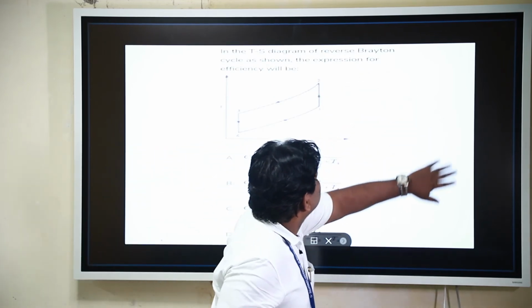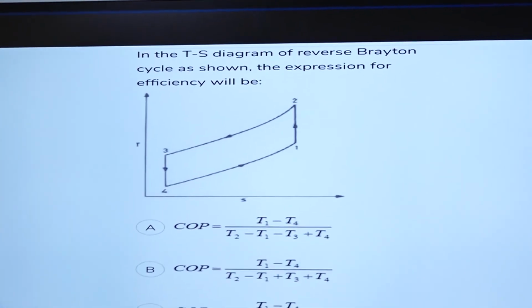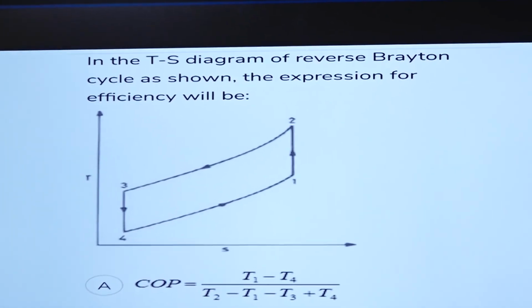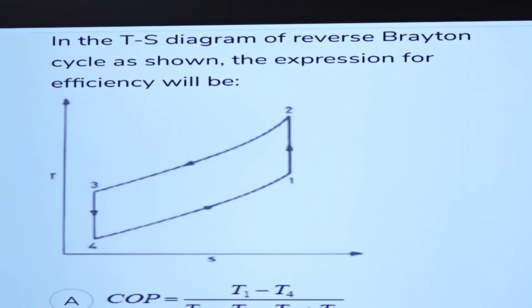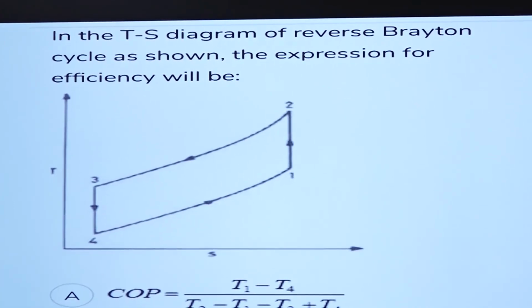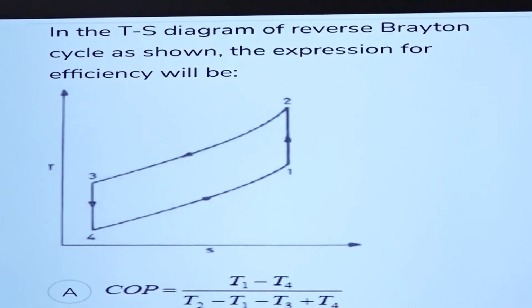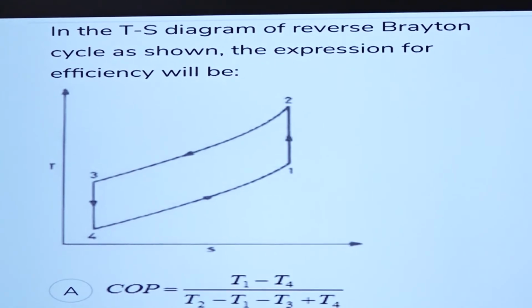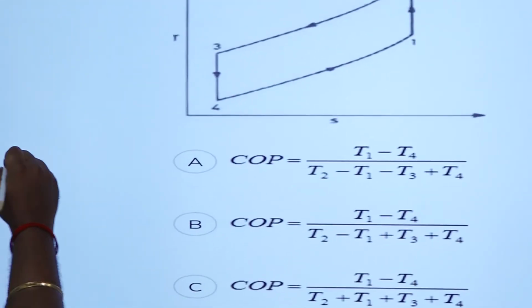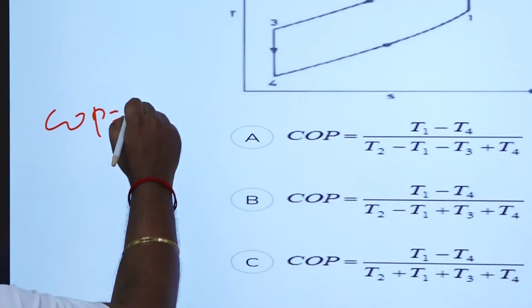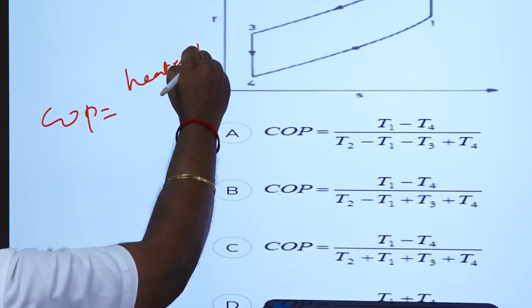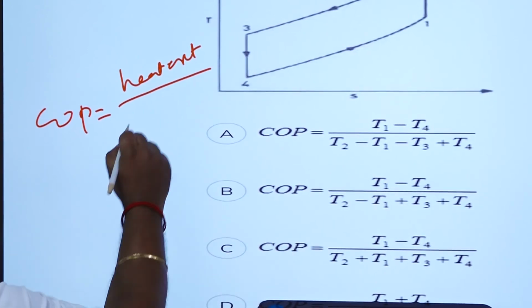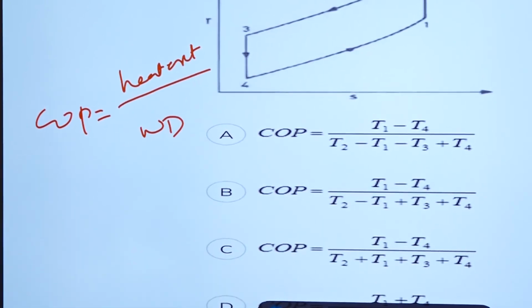So the next one is, you can see here in this TS diagram of reverse Brayton cycle as shown, the expression for efficiency is given to you. So the expression for efficiency, that is COP. What is the amount of heat that is extracted divided by the work done?